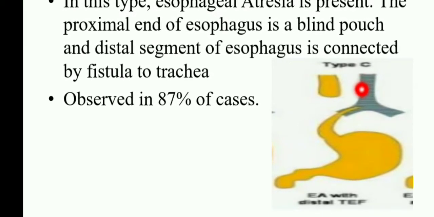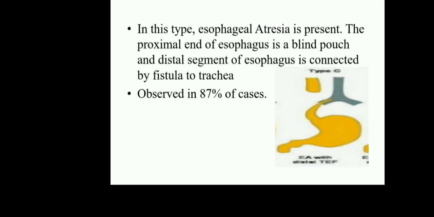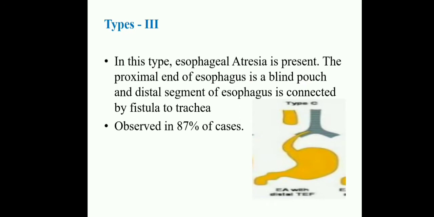Whatever air the baby inhales may enter the stomach, so the baby has abdominal distension. This is the third type. The esophageal atresia is present, the proximal end of the esophagus is a blind pouch, and the distal segment of the esophagus is connected by a fistula to the trachea. This is the third one.